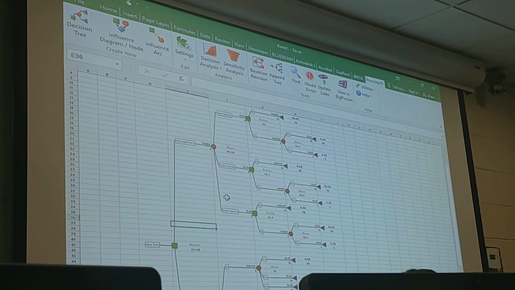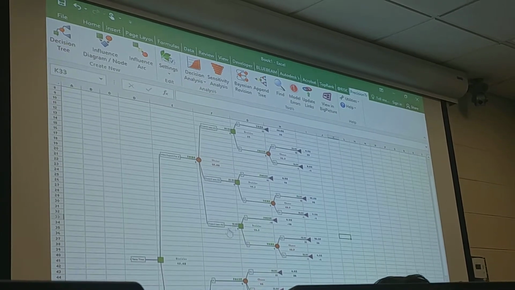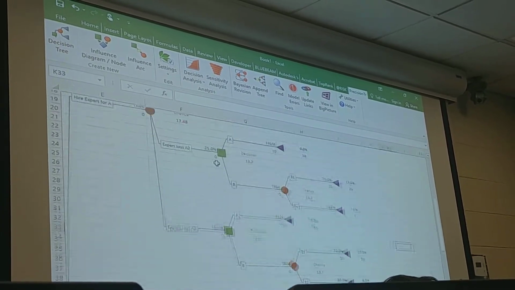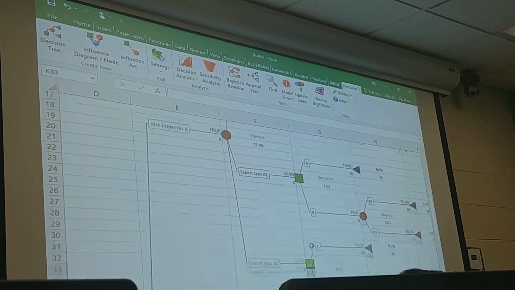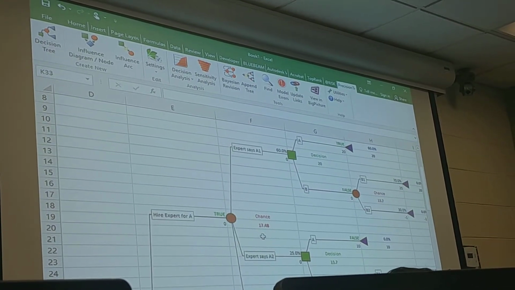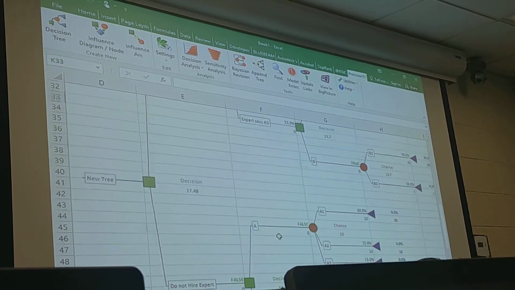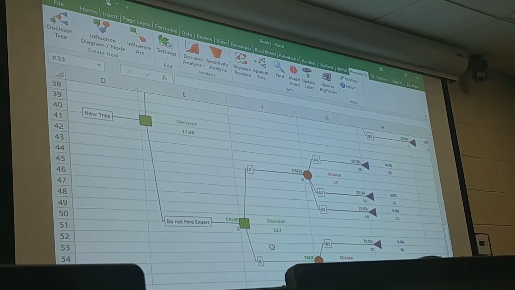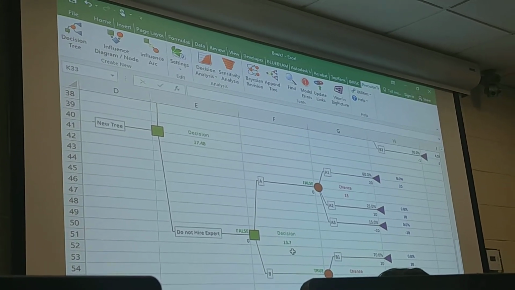So in this case, if I go with an expert for A, the EMV value would be 17.48, but if I don't go with an expert, the EMV value would be 13.7.